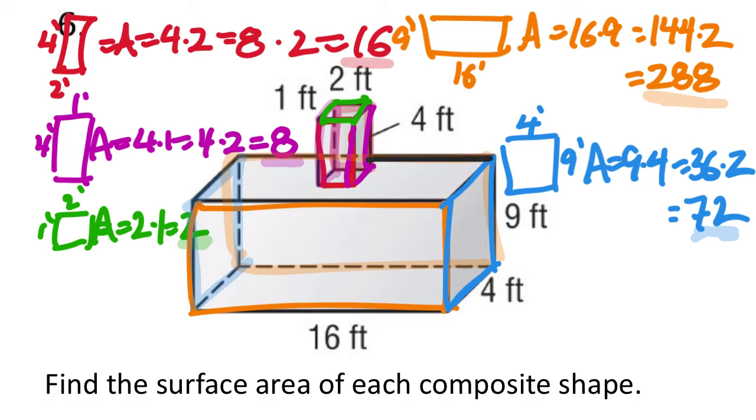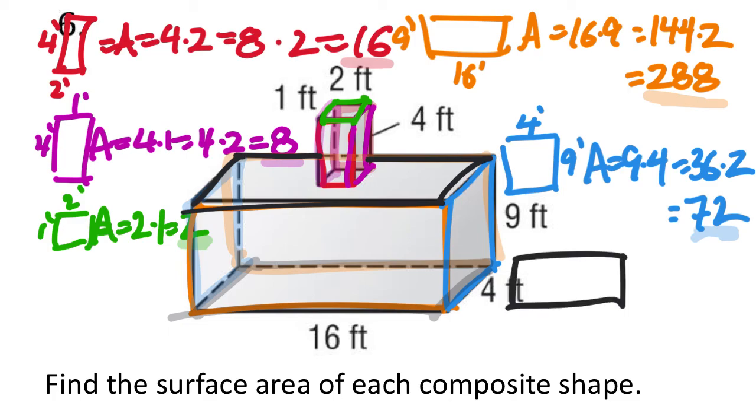And then in the top here, I'll have to do this one in black because I ran out of colors. But again, it does have a matching one here on the bottom as well. So this rectangle, and again, I'm finding it as a full rectangle, knowing that I'm going to have to subtract the area of this little rectangle right there, okay? So that's a 16 foot by 4 foot rectangle.